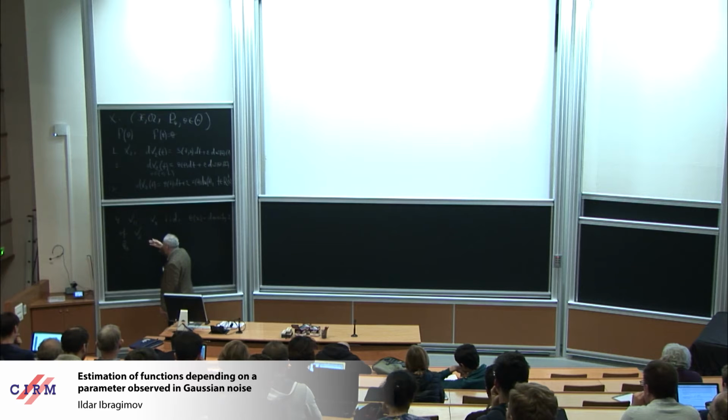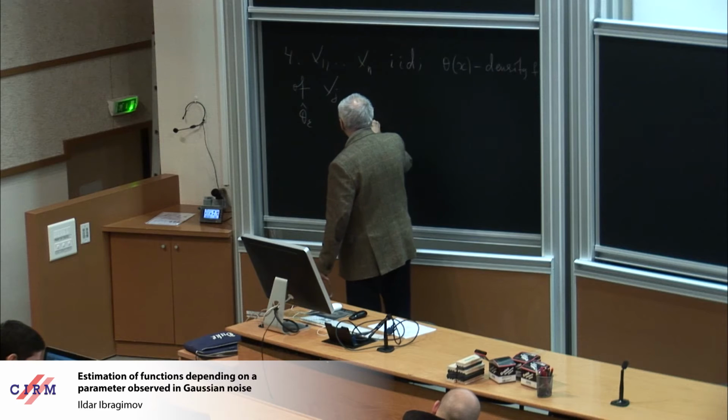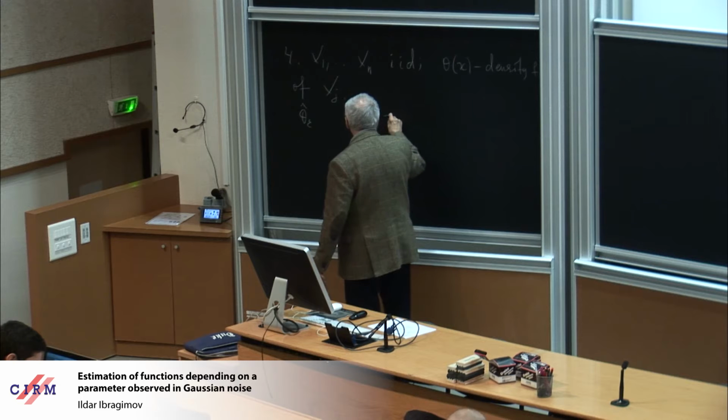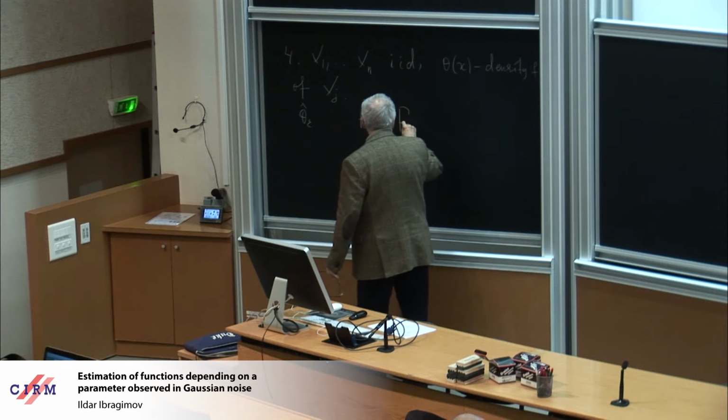And then we may take as estimation of f of theta just the plug-in estimator. F hat epsilon is f of theta hat epsilon.